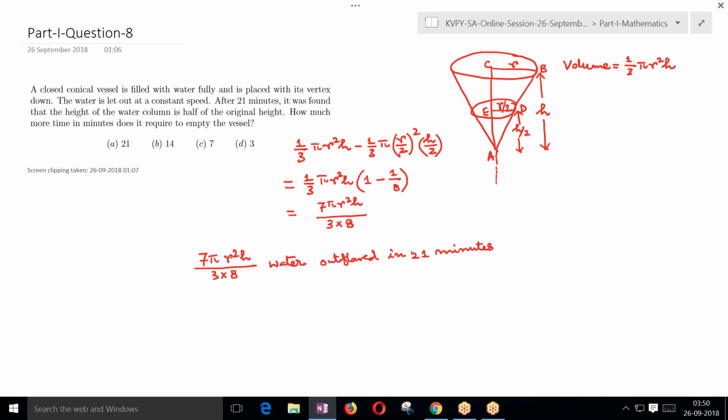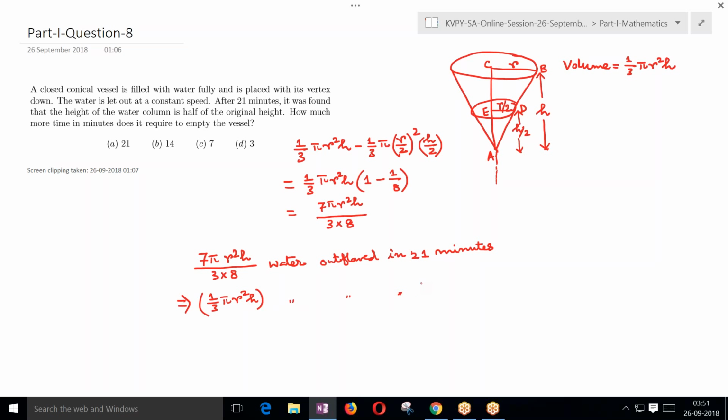All we need to find is how much time it will take to outflow that 1 by 3 pi r square h. So this much water outflowed in 21 into 8 by 7.